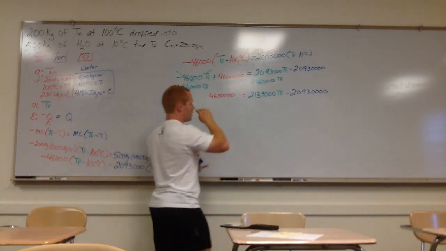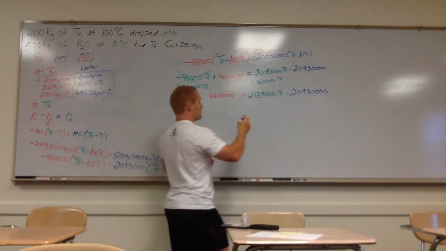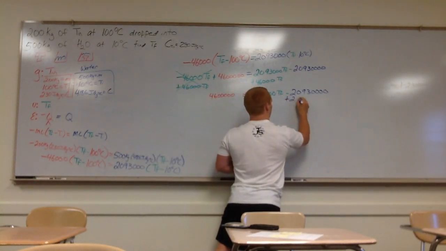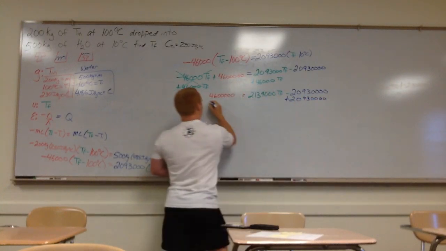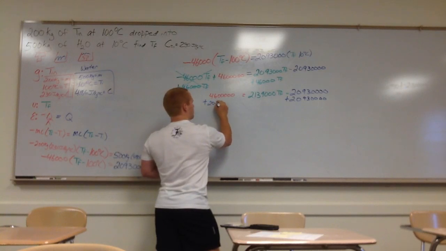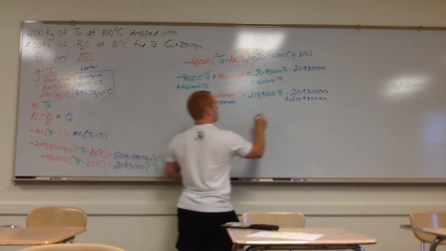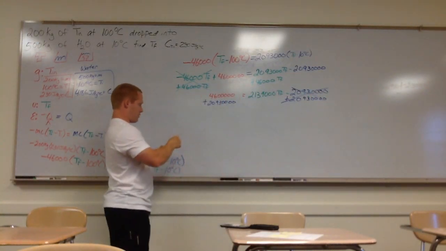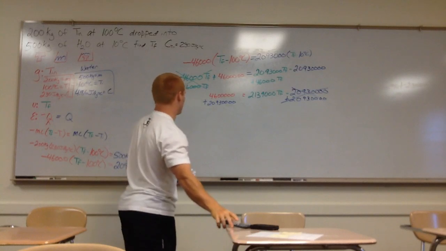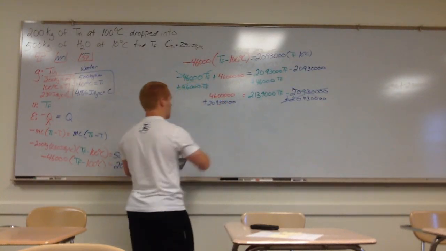Now we're going to get our numbers together, because neither one of them has a label. So we're going to add this to the other side. These cancel out, we're going to add these together, and we're just going to have this value.